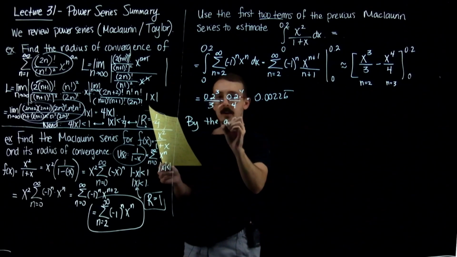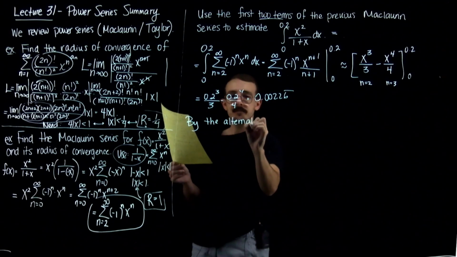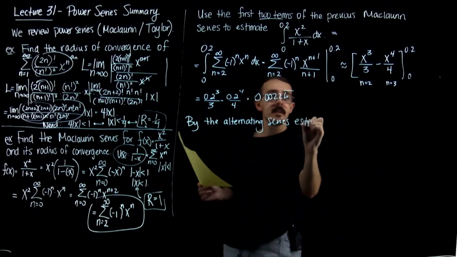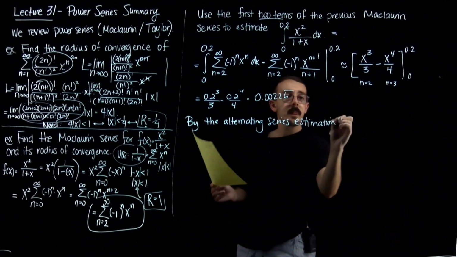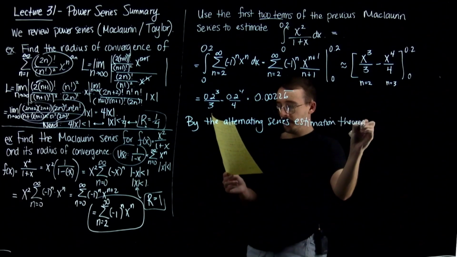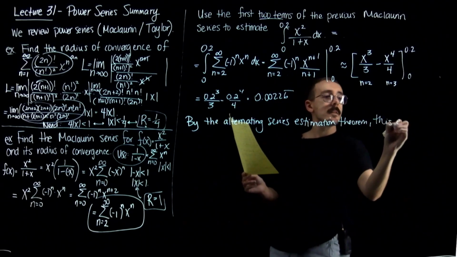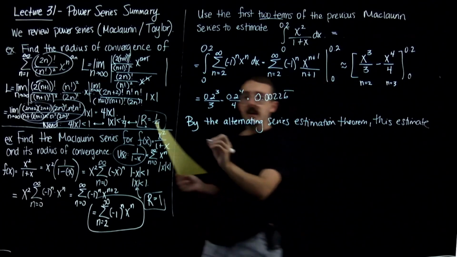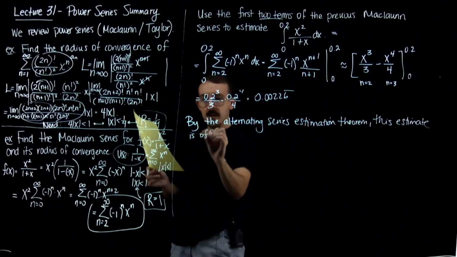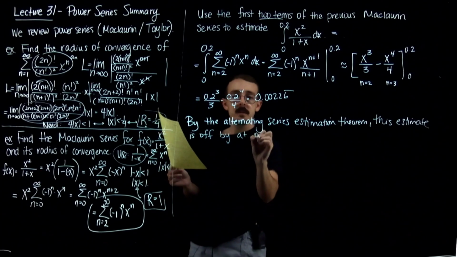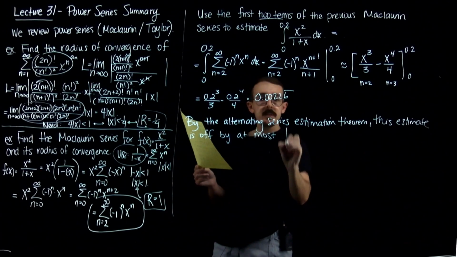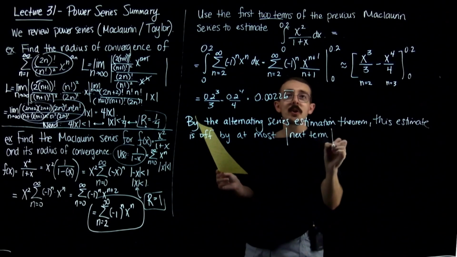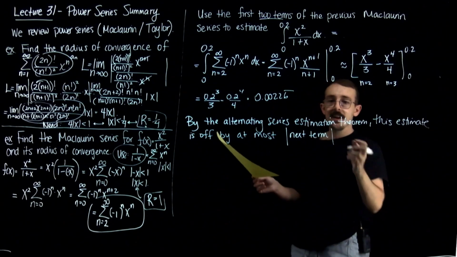So by the alternating series estimation theorem, this estimate, the value I just found here, is off by at most the absolute value of the next term in the series.